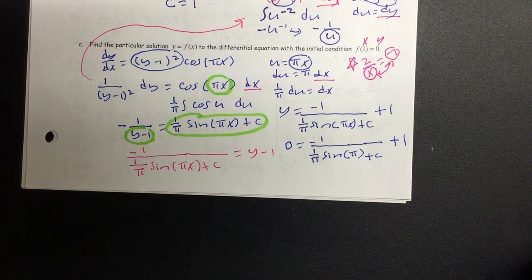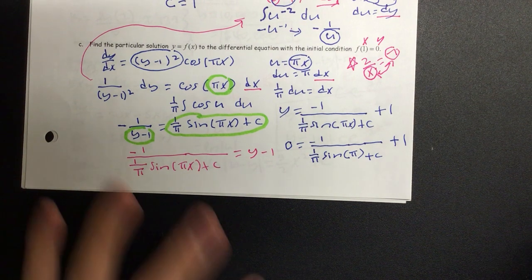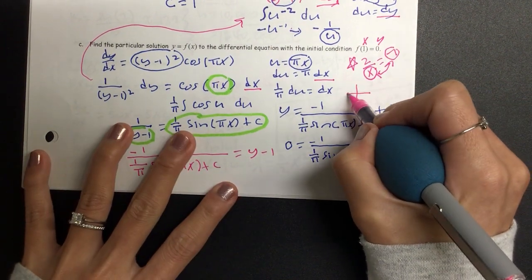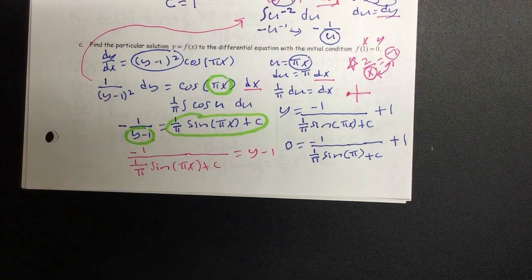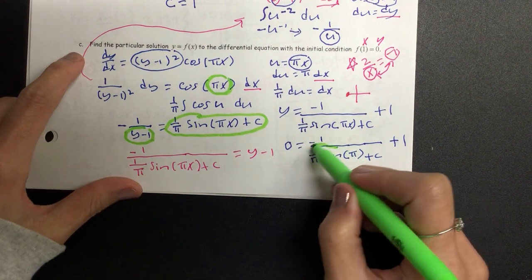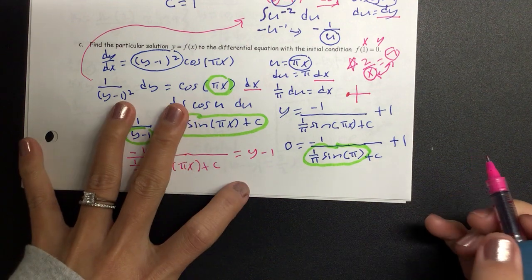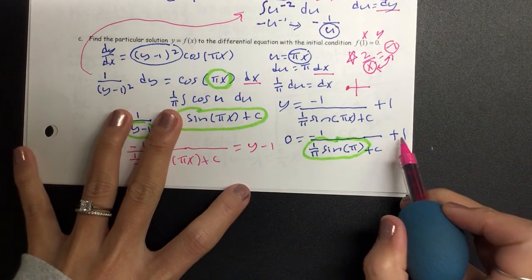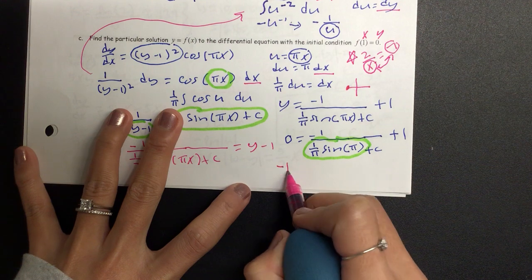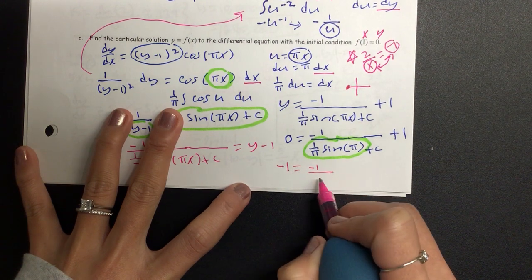Let's see what we know about sine pi. At pi, what is my sine value? 0, so all that is gone, which is kind of nice. Oh, can I fit this? Are y'all okay if I move the 1 over first? Minus 1, negative 1 over c.